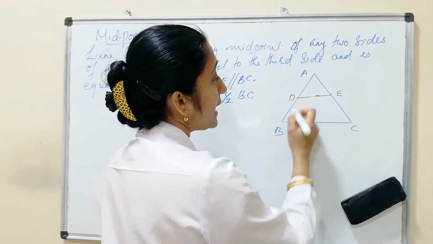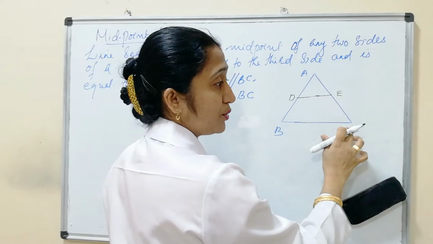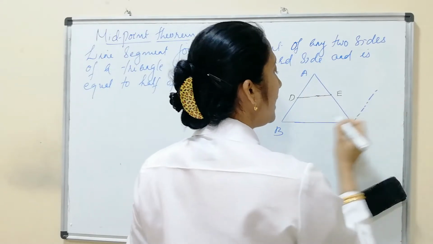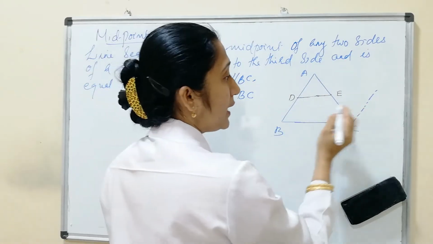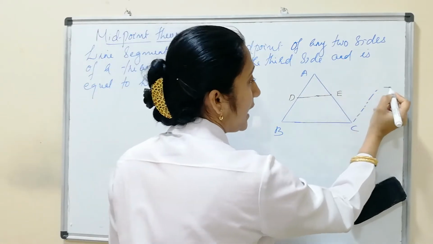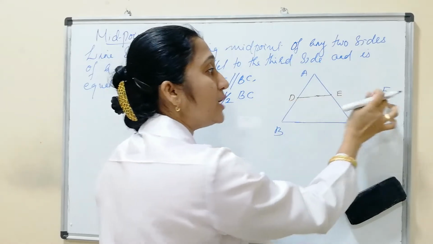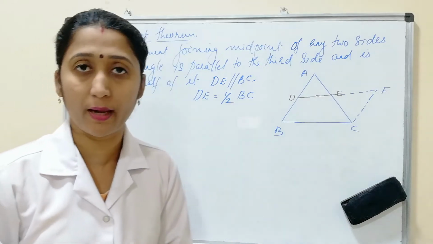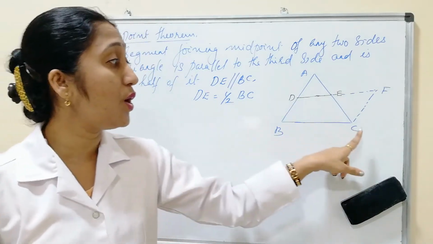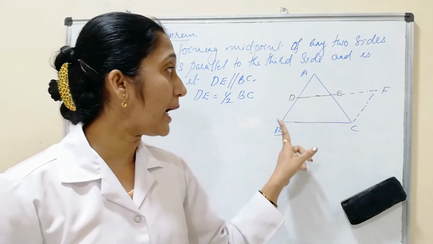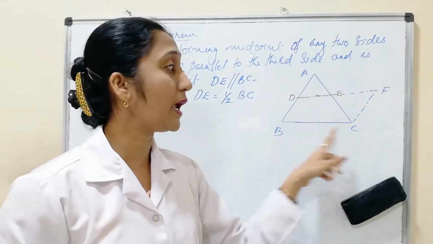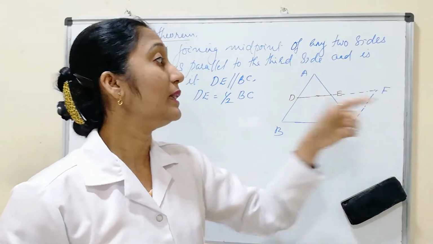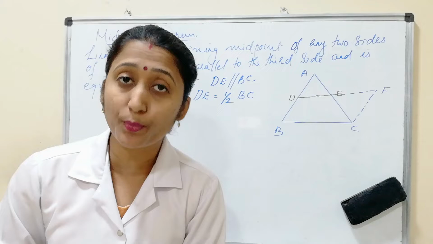Through C we draw a line parallel to AB, that is CF, and produce DE to join F. So first we draw through C a parallel line to AB, that is CF, and DE is produced to F. Then from here we want to prove it.